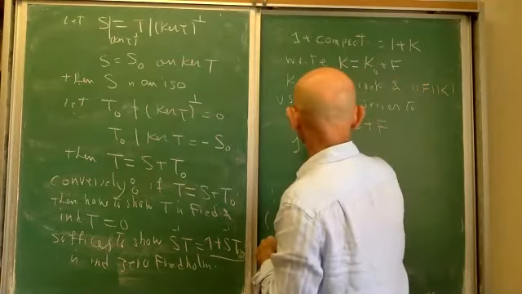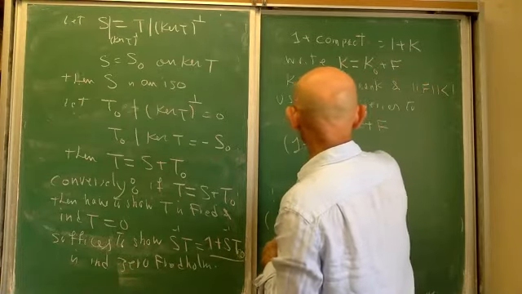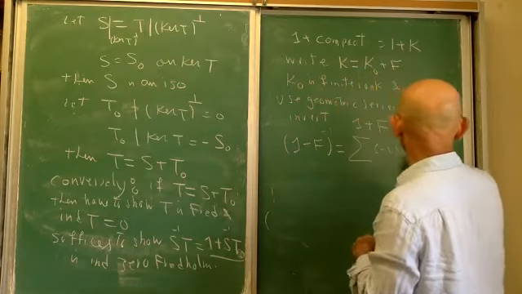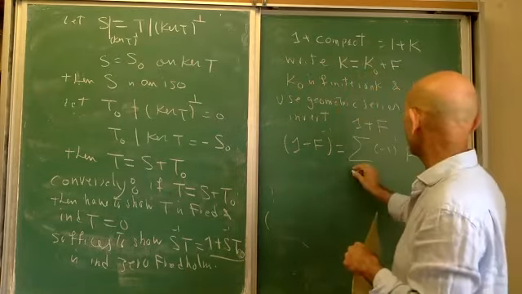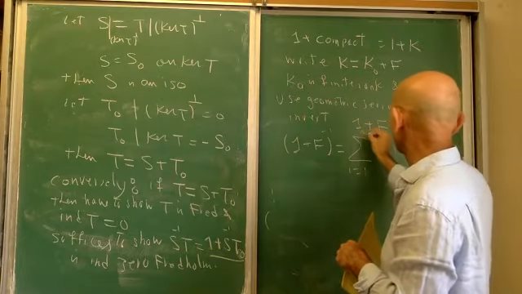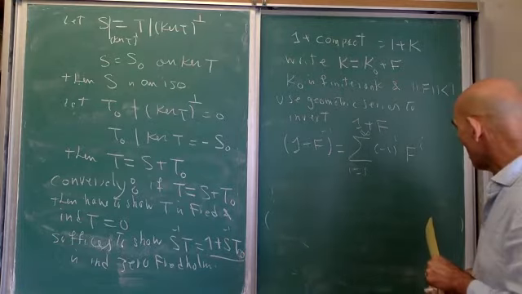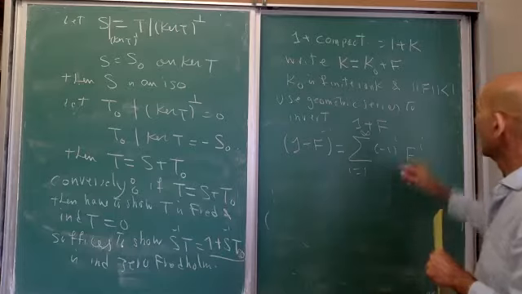So 1 plus f inverse is the geometric series, the sum of minus 1 to the i, i from 1 to infinity. Yeah, so this looks okay, right?